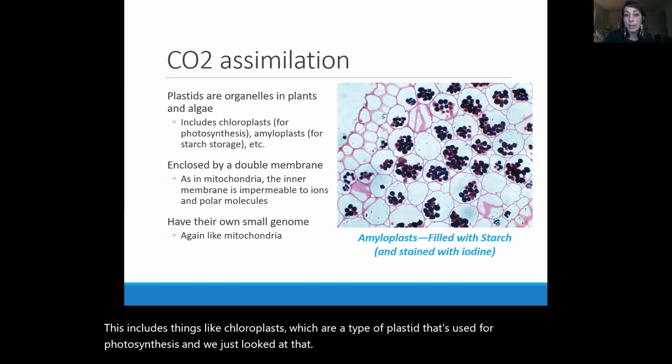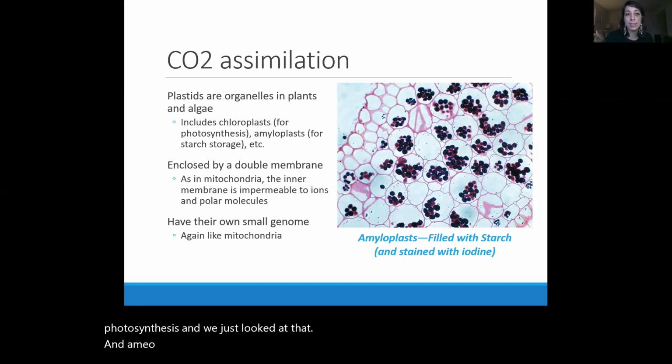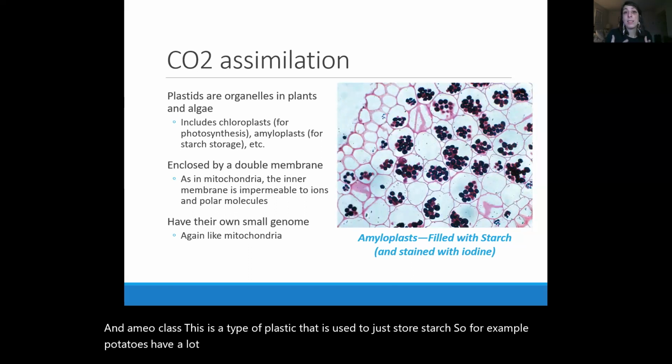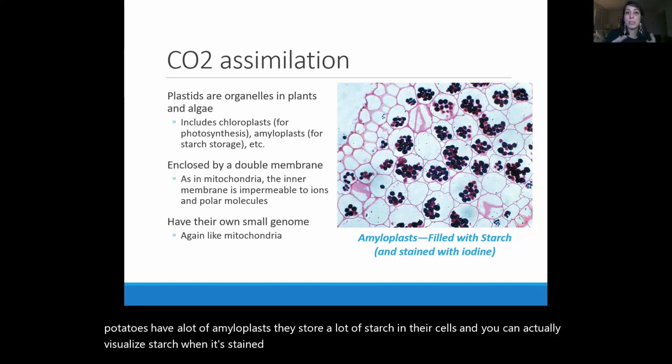And amyloplasts, this is a type of plastid that is used to just store starch. So, for example, potatoes have a lot of amyloplasts. They store a lot of starch in their cells, and you can actually visualize starch when it's stained with iodine that is filled up in these amyloplasts of plant cells.